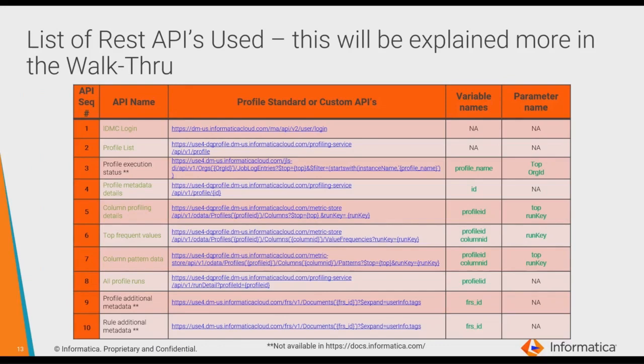Then we have APIs for profile metadata, column profiling details, top frequent values, column pattern values, all profile runs, and additional information about your profile and your rule metadata. Most of the APIs you can find at docs.informatica.com, but there are a few which are custom and not available there.